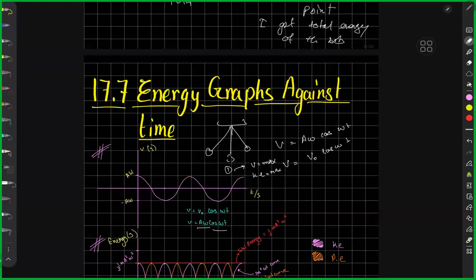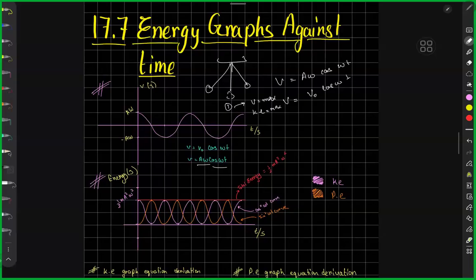Granted, you understand this. Can we now plot the kinetic energy graph? What do we know about kinetic energy? Well, KE, by the way, this is velocity with respect to time, right? Hopefully you understand that. And what is the equation of kinetic energy? Half m v squared. Do we know this? Yeah, we do. Can I plug in v over here?